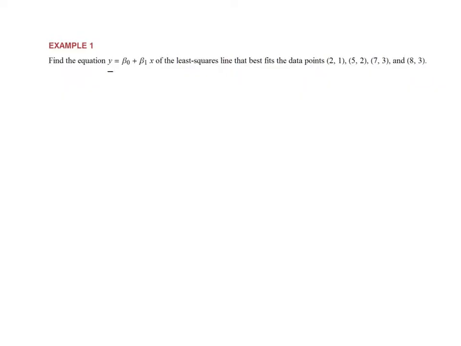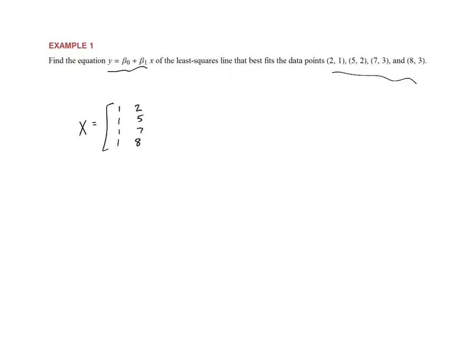All right, let's take a look at this first example. We have to come up with an equation y equals b naught plus b1x for this set of points. The steps we take: we write down our design matrix X, and the first column of the design matrix is ones. Four ones because I have 4 data points, and they're all ones because that's the coefficient of b naught. And then the second column, I go through my data points and write down their x coordinates, 2, 5, 7, and 8.